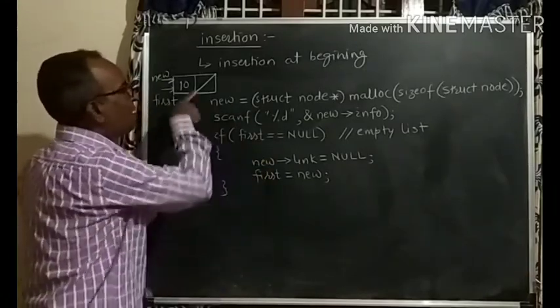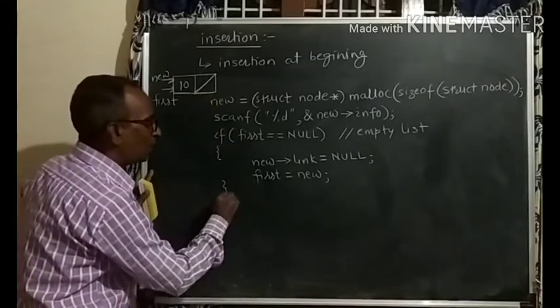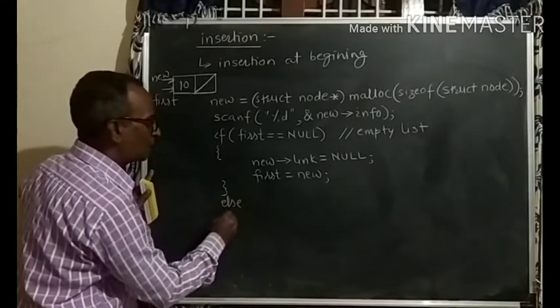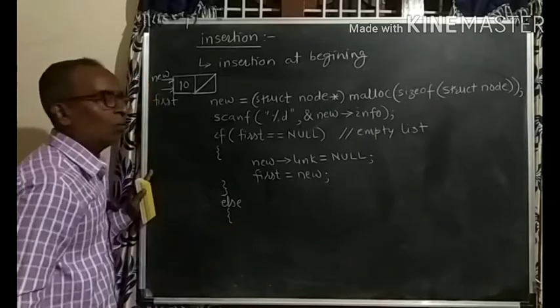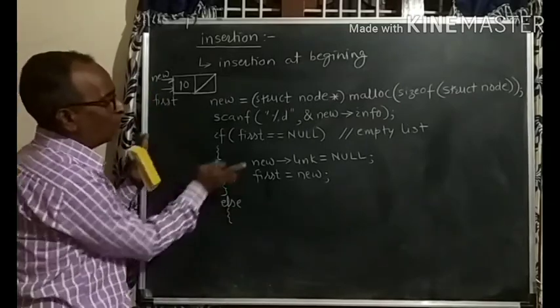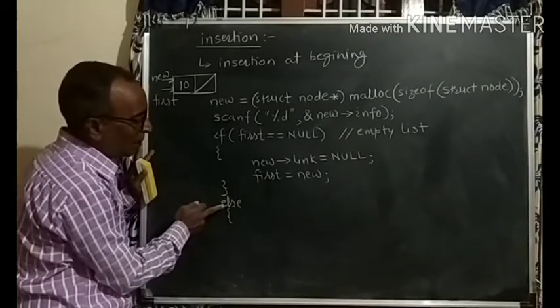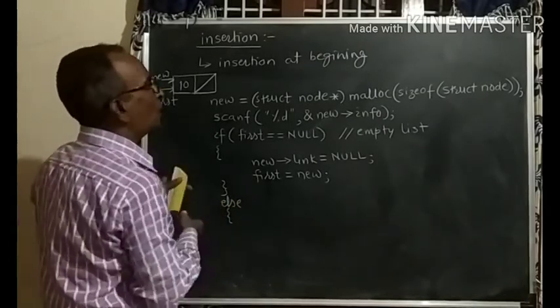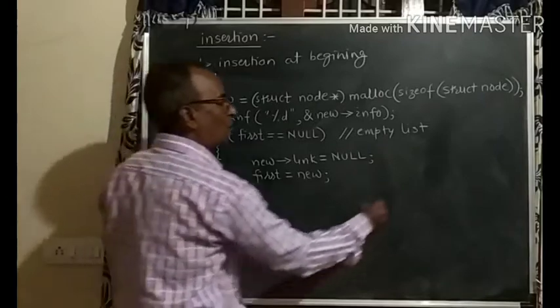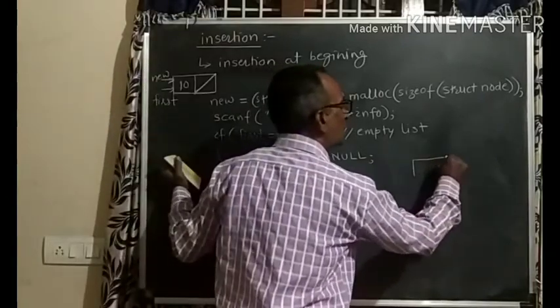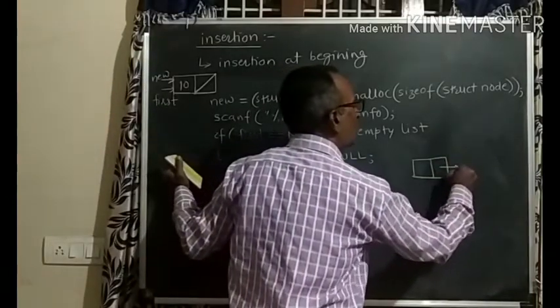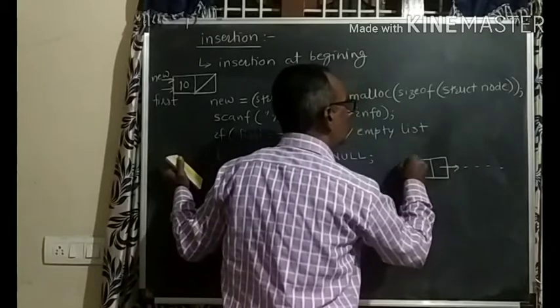But if the linked list is not empty, the else part. Else, what do I have to do? I am assuming this empty linked list case we have tackled. Now if the linked list is not empty, it has some nodes like this. This is first.